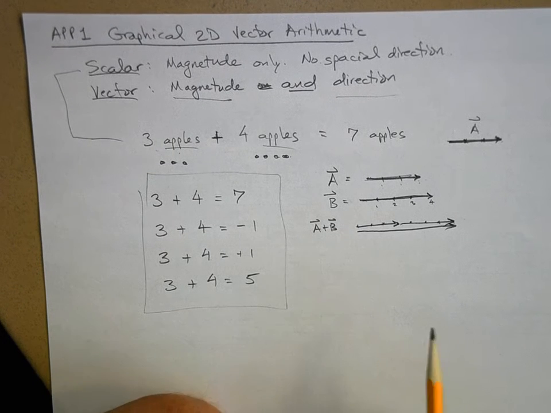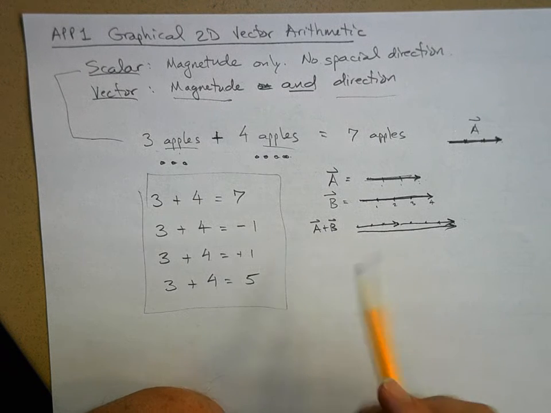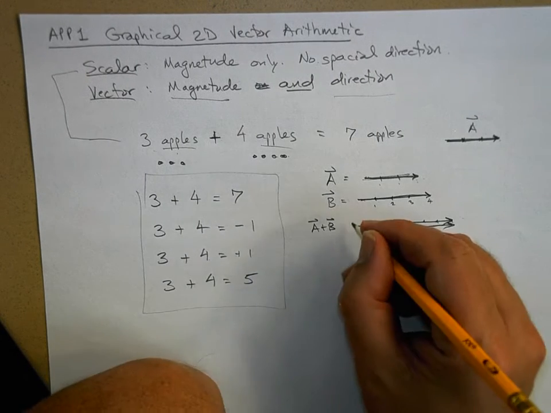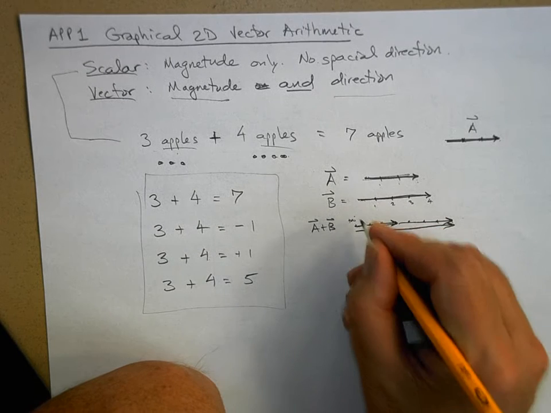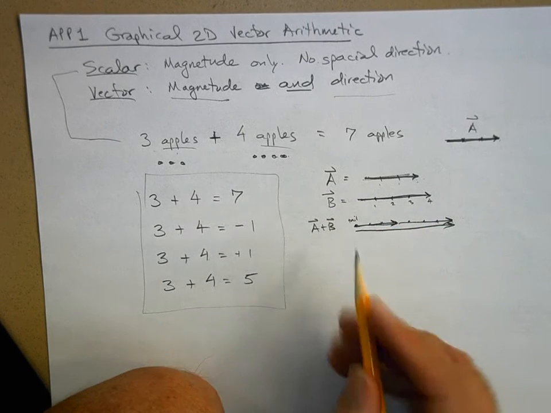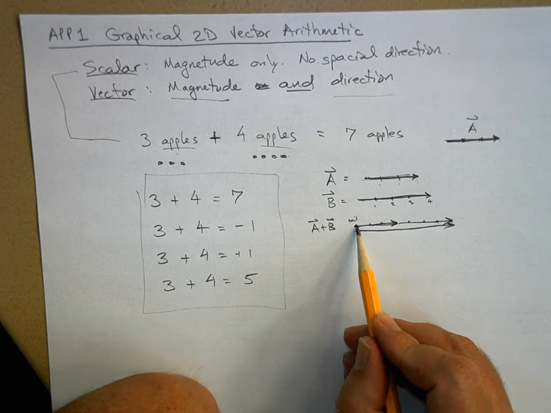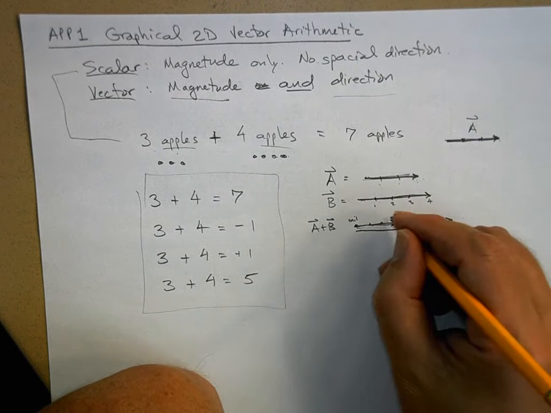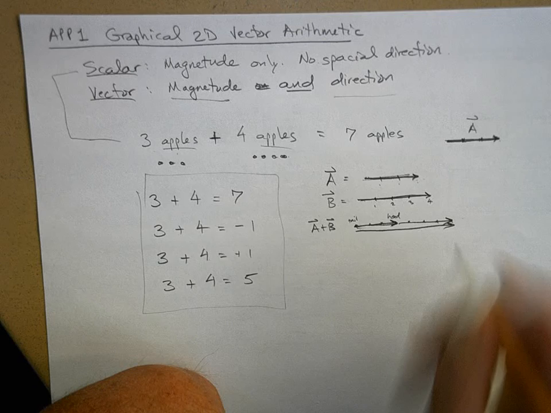And so look what I did, though. I took vector A, and I'm going to call this the tail, the back end of the vector, where the vector starts. That's the tail. And then we call this an arrowhead, the head of the arrow.